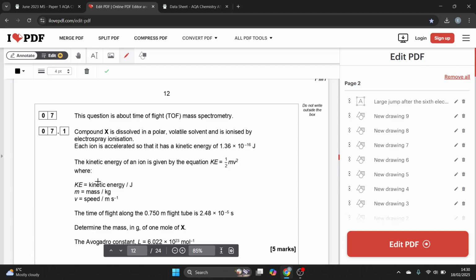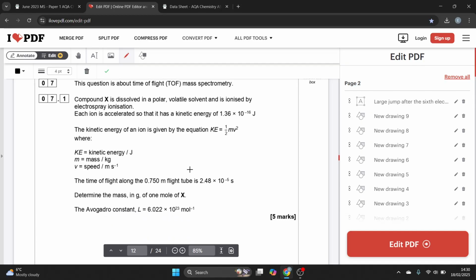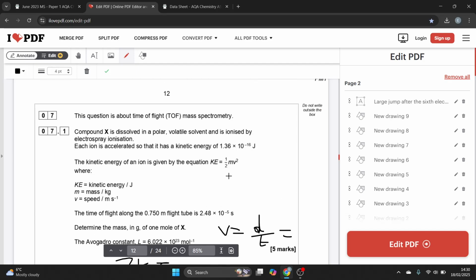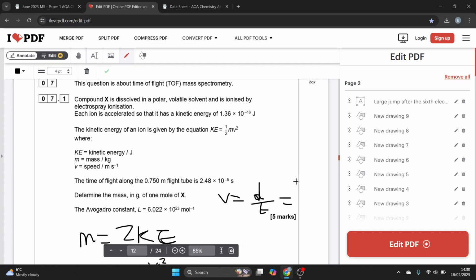So rearrange the equation, times by 2 divided by that, so I get m equals 2KE divided by v squared. And I know velocity is distance divided by time. The distance, let me just double check. Yeah, so distance is 0.750.